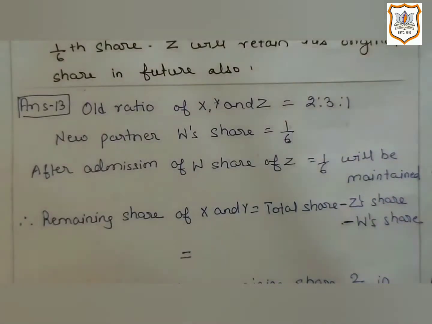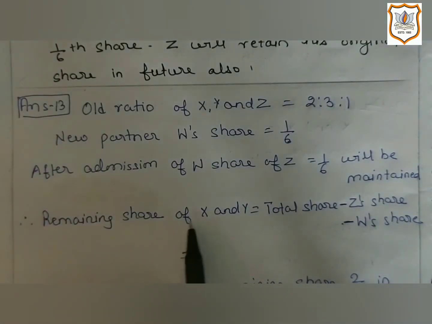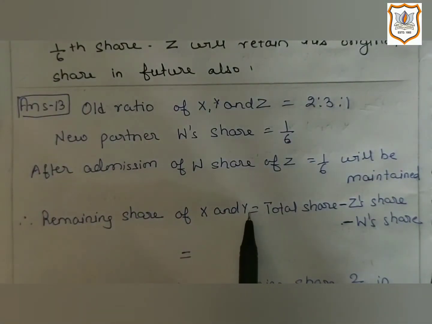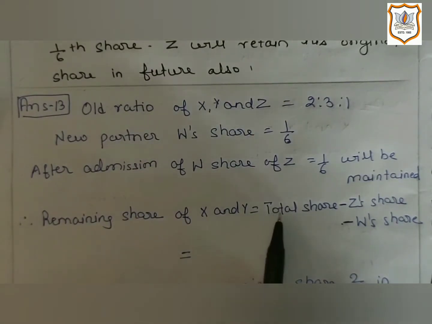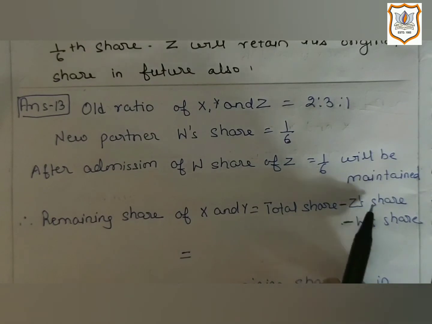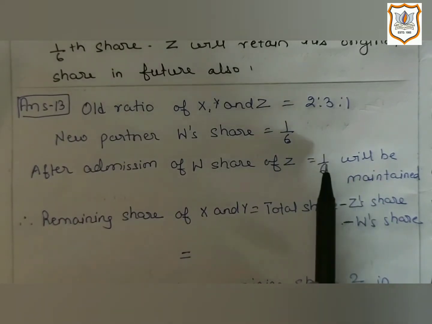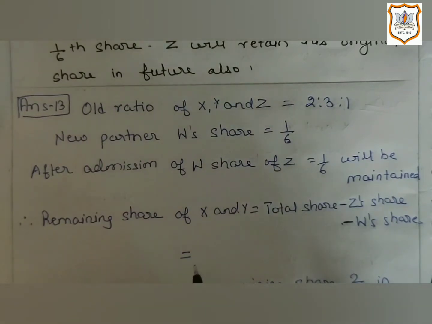So here first we calculate the remaining share of X and Y. The formula is total share minus Z share minus W share. As Z is not sacrificing, his share will be maintained at 1/6 in future also.